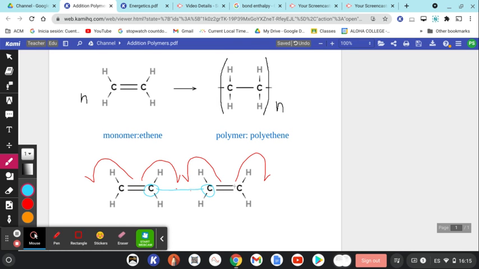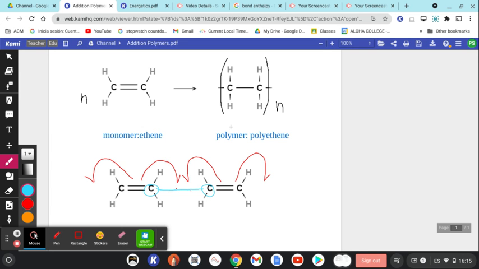This happens obviously at the end too, but we cannot show all the monomers. Okay, that's why we have the brackets and the continuation. So for an addition polymer to be made, what happens is the double bonds of an alkene break, forming a single bond between the alkenes, between the monomers, the parts.